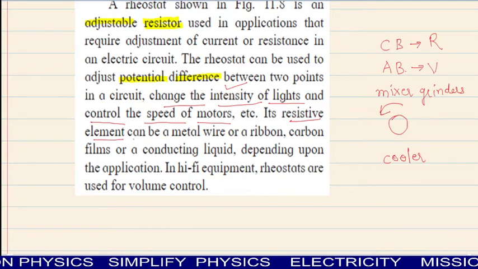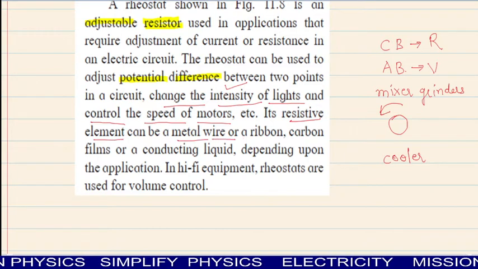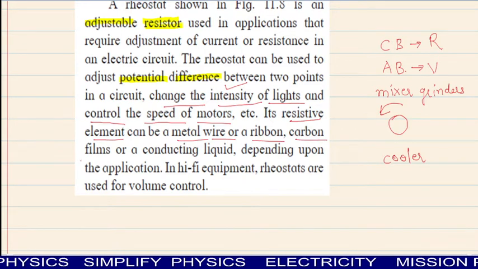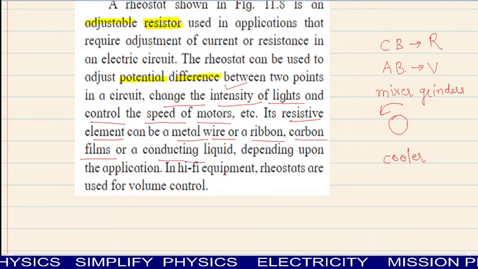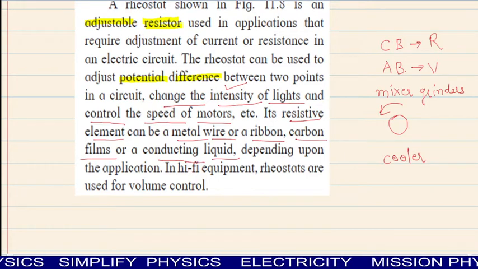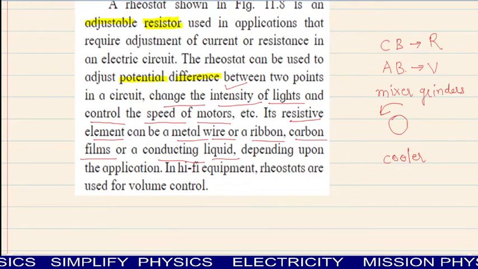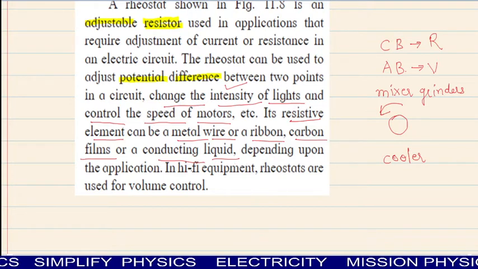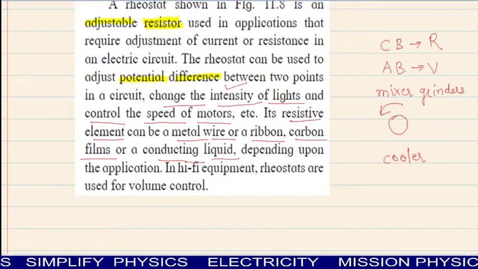तो the resistive element can be a metal wire or a ribbon, carbon films, or a conducting liquid depending upon the application. क्योंकि पर्टिकुलरली किस प्रैक्टिकल यूटिलाइजेशन में आप लेने वाले हैं उसके ऊपर डिपेंड करेगा कि रियोस्टेट किस मटेरियल का बना हुआ है.